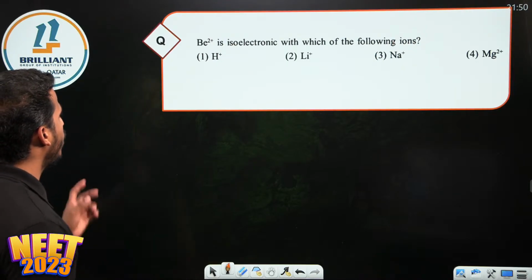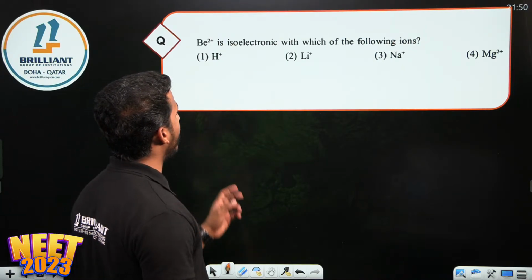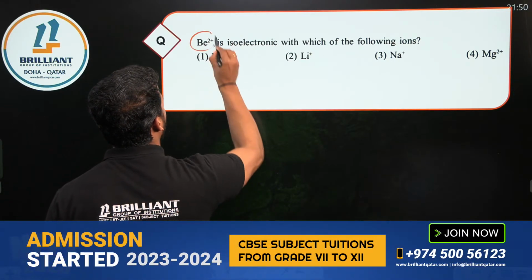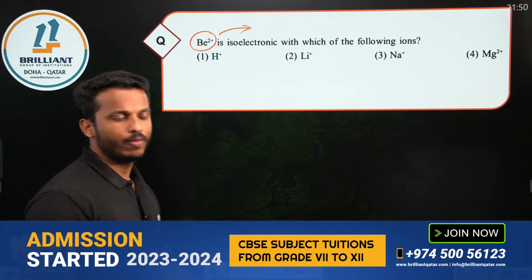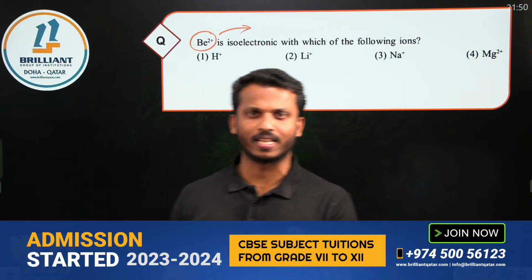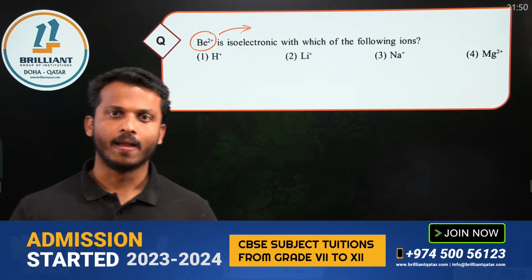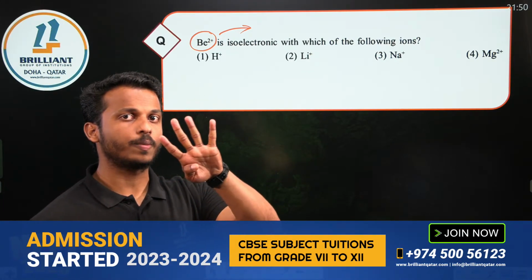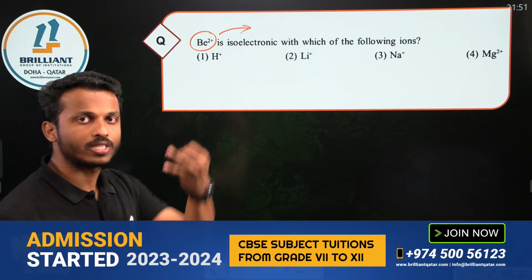Now, Be2 plus is isoelectronic with which of the following ions? First of all, how many electrons does Be2 plus have? Even with small numbers, there is a chance to make a mistake, okay, careful. Beryllium has 4 electrons, 2 plus means 2 electrons gone, so 2 electrons left.